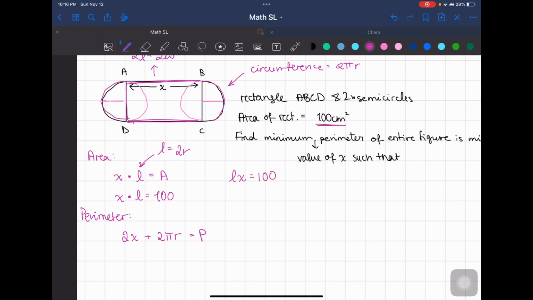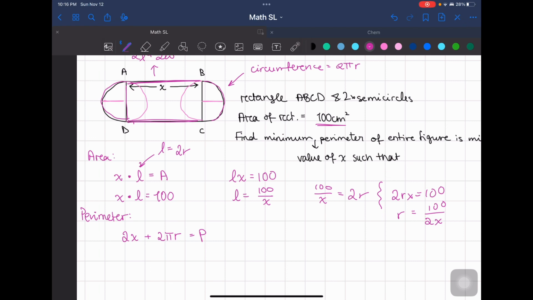If we want to know what L is equal to, 100 over x. And if L is equal to 2r, that means 100 over x is equal to 2r. That means that 2rx is equal to 100, which means that r is equal to 100 over 2x.